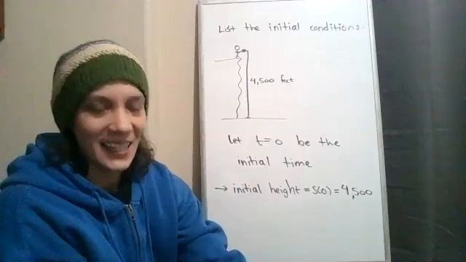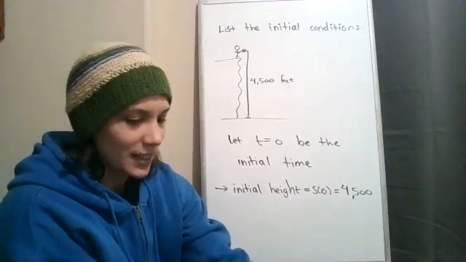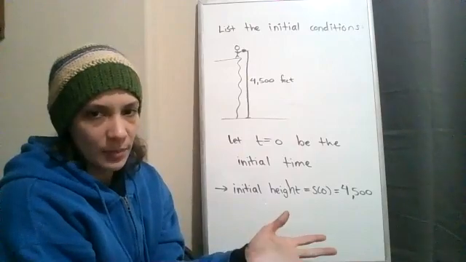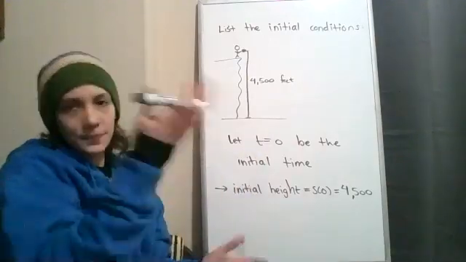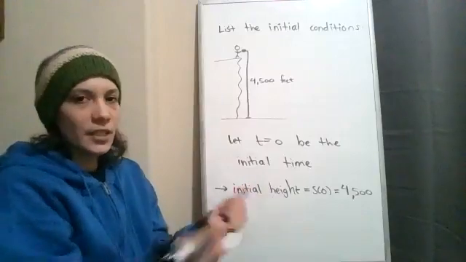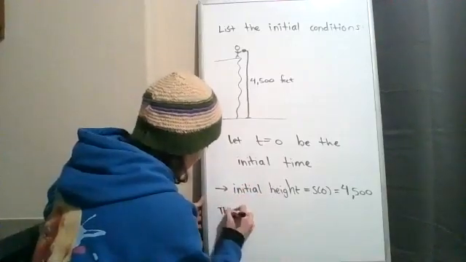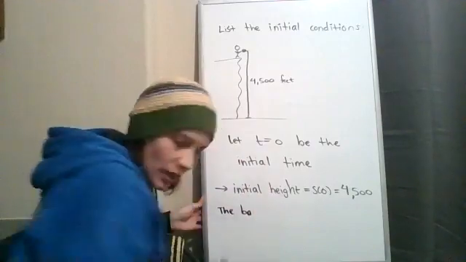Pictures do help, I think. Initial velocity: it's just dropped, not thrown down, just let go of. So the initial velocity is 0. The rock is dropped.